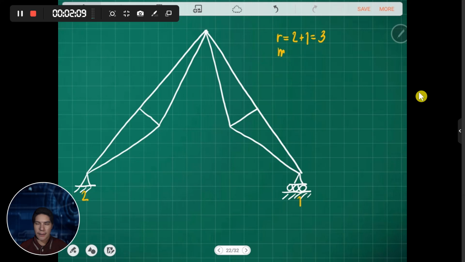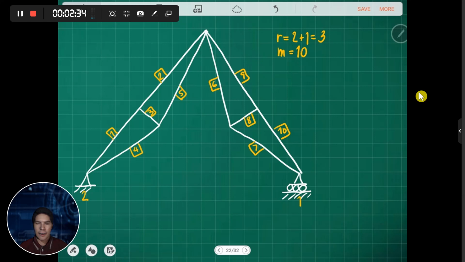The number of members, we have 1, 2, 3, 4, 5, and we have 6, 7, 8, 9, and 10.